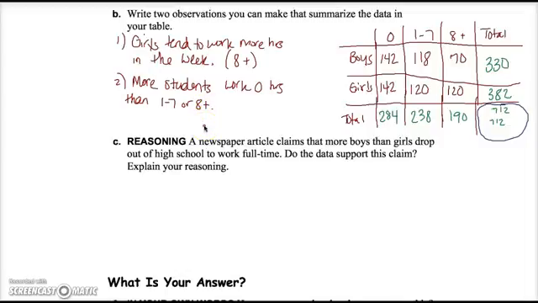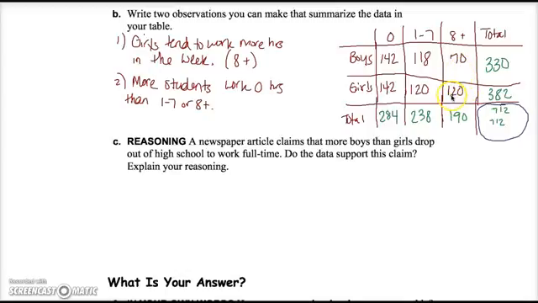Okay, now let's look at C. A newspaper article claims that more boys than girls drop out of high school to work full-time. Do the data support this claim? Okay, well, if more boys than girls drop out of high school to work full-time is working 8 hours a week. Does our data show that more boys work full-time than girls do? And our data does not support that.